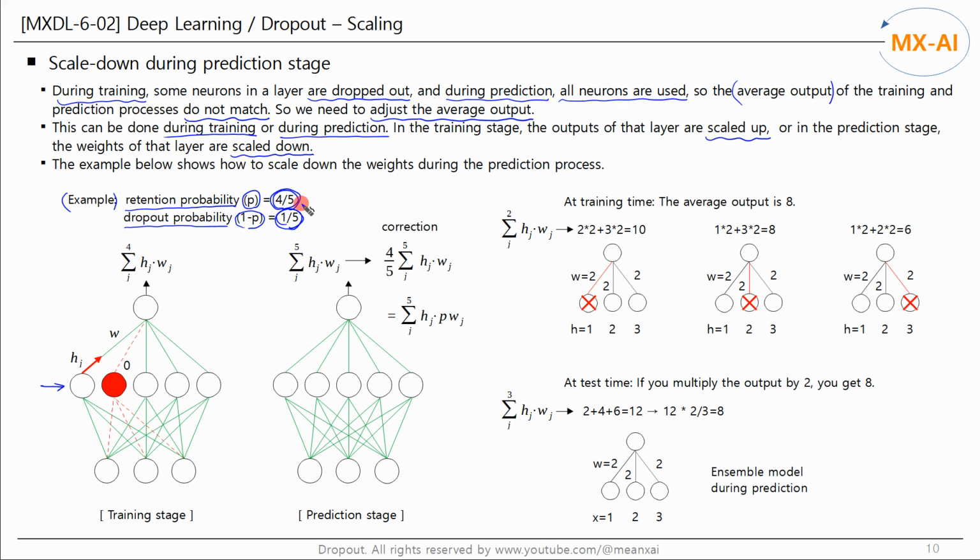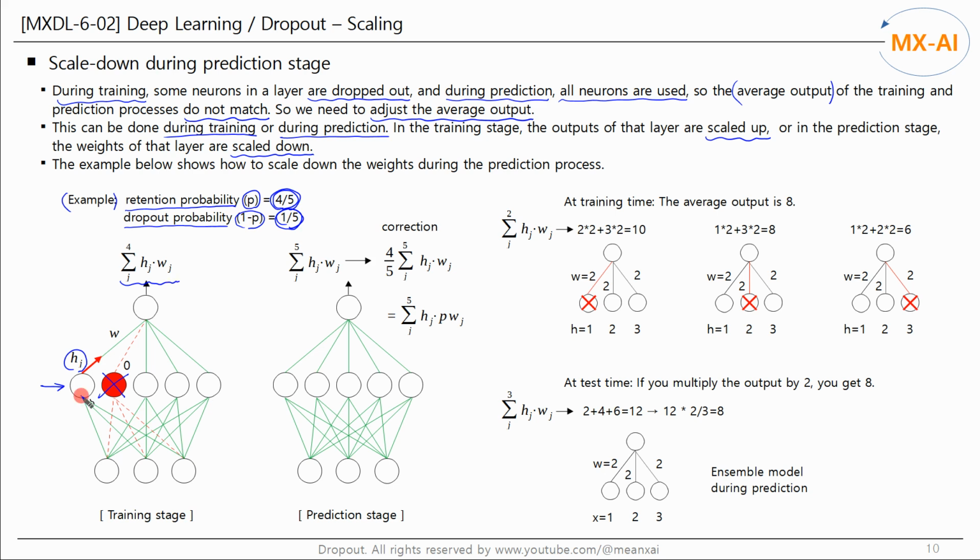And let's call the output of each neuron Hj. In this iteration, let's assume that the second neuron has been dropped. Then the output of this neural network will be like this. Let's assume there are no biases. And let's assume a linear activation function is used.